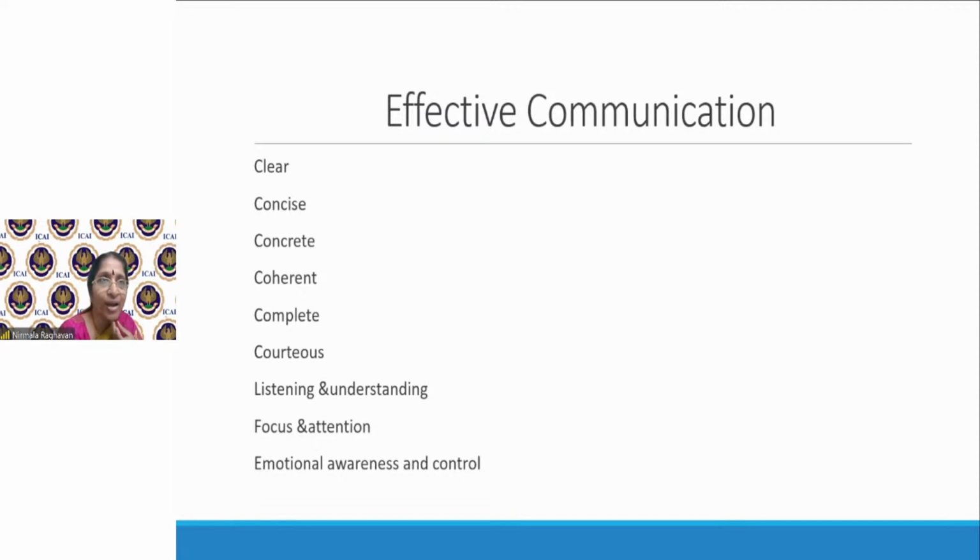Effective communication. Now I want you to post in the chat box, based on the criteria that's given to us, the way I communicate with you. Is my communication clear? You have to say yes or no. Post a yes or a no. Quick, I'm waiting for you.